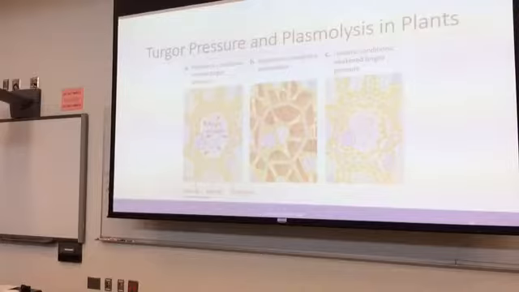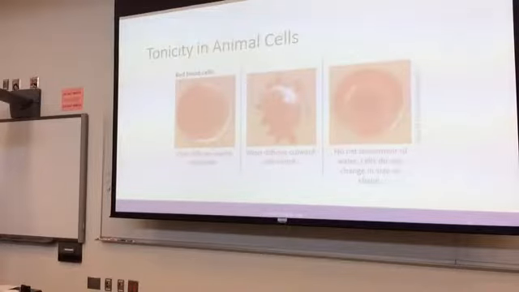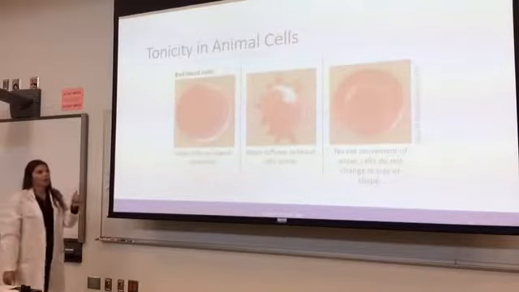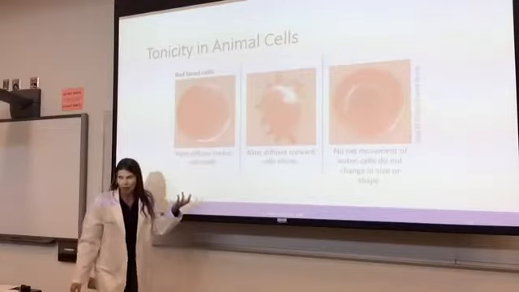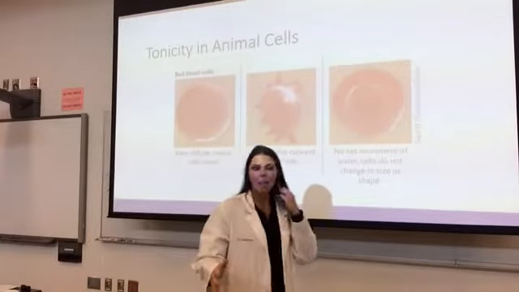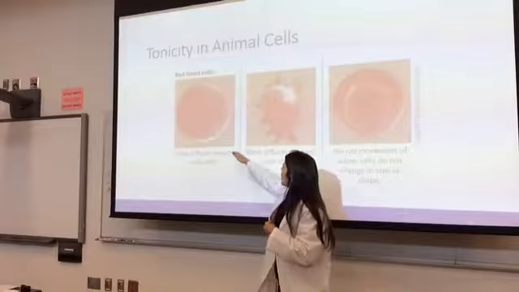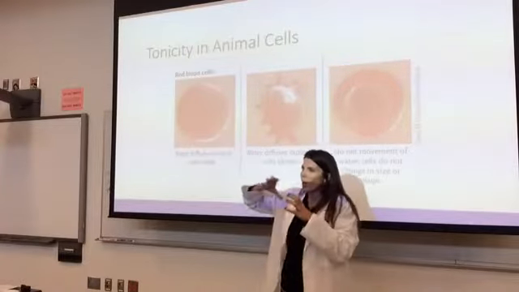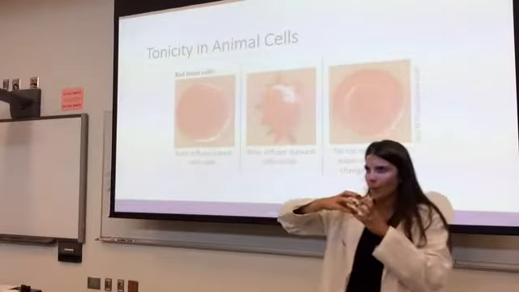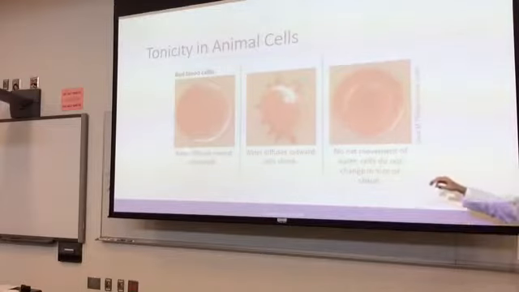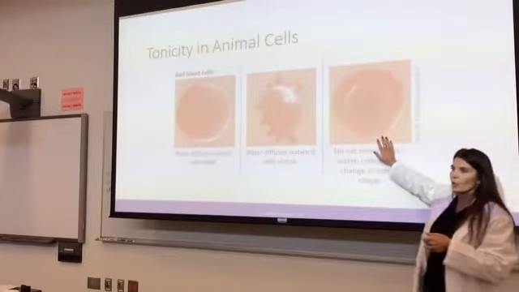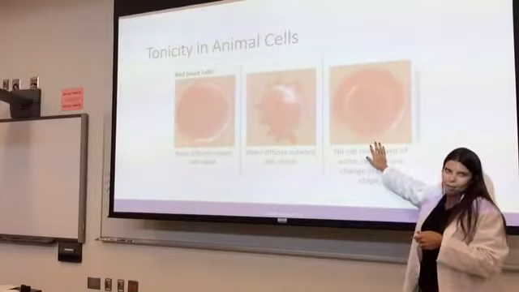Now, that's plants, because animals, it's a different situation. These are the red blood cells found in animals like you and I. In a hypotonic solution, our red blood cells would swell up really big. Let me preface this. In case you didn't know, this is what your red blood cells should look like.